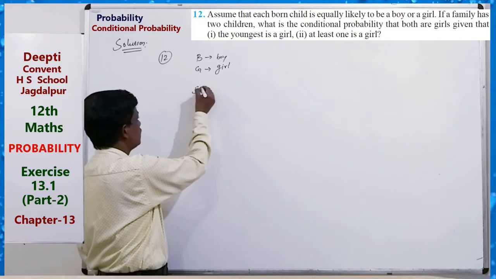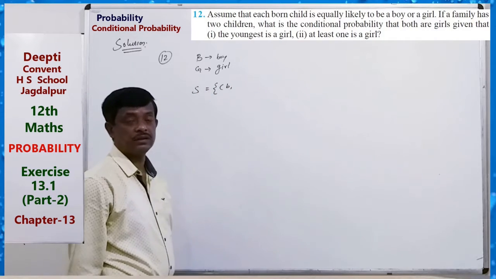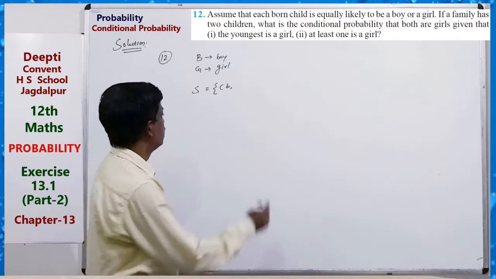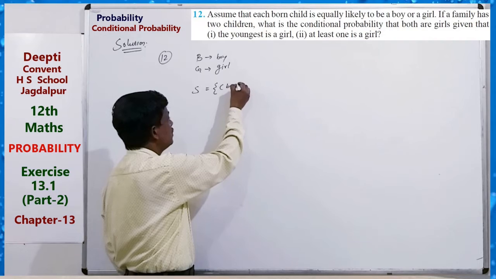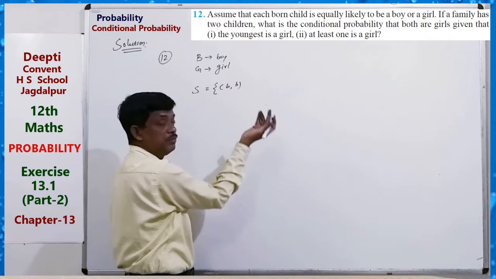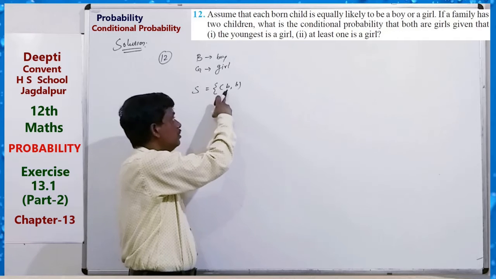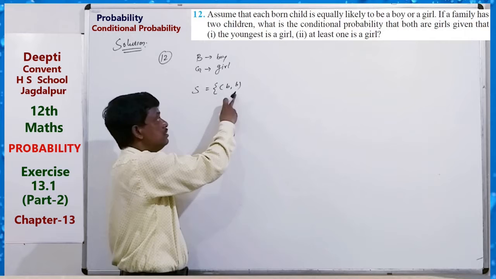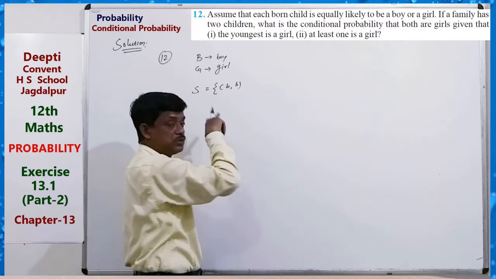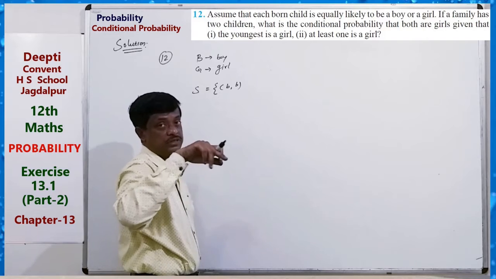Elder and youngest: suppose this is the elder and this is the youngest. The first position is for the elder and the second for the youngest.